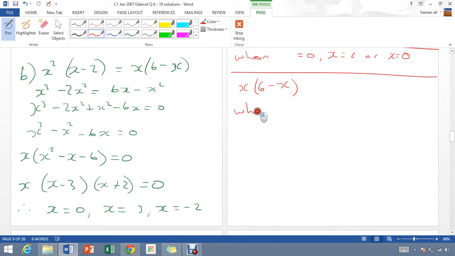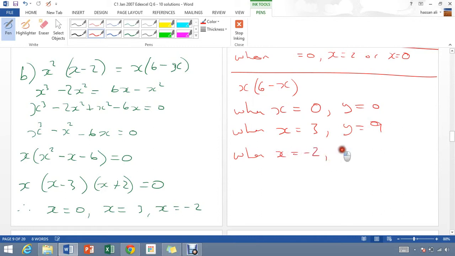So when x equals 0, y will equal 0. When x is equal to 3, y will equal 6 minus 3 is 3, times 3, that will equal 9. And when x is equal to minus 2, y will equal minus 16.